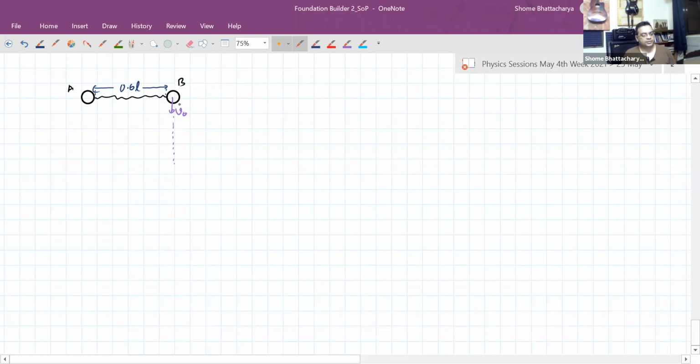Now, from this point onwards, B will continue down without any impulse acting on it until the thread becomes taut. So let's assume that just before the thread is going to tighten, this is the situation.